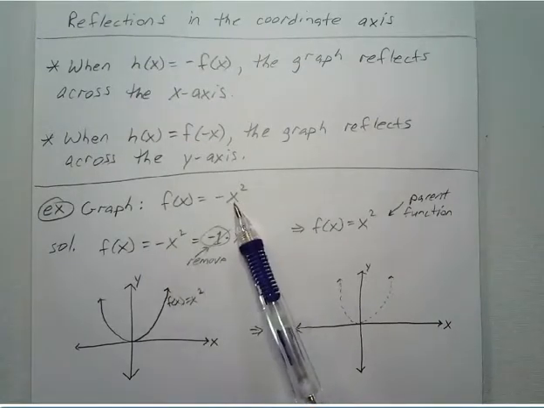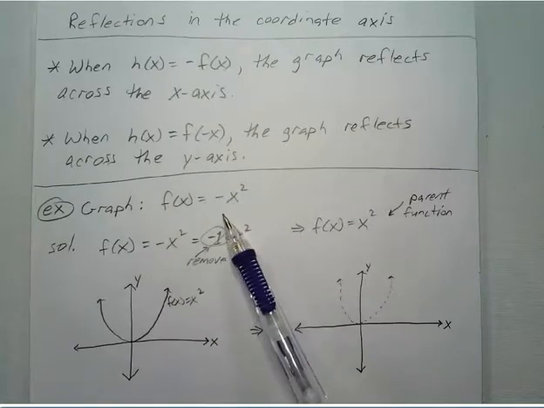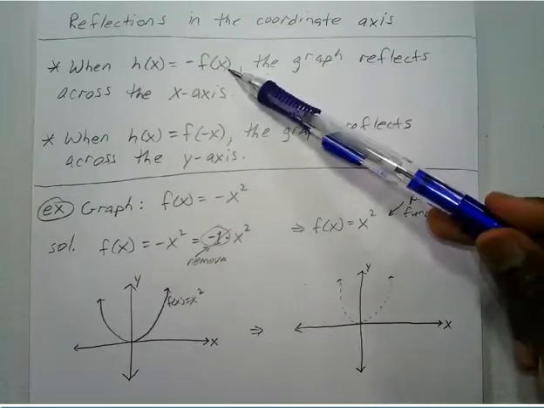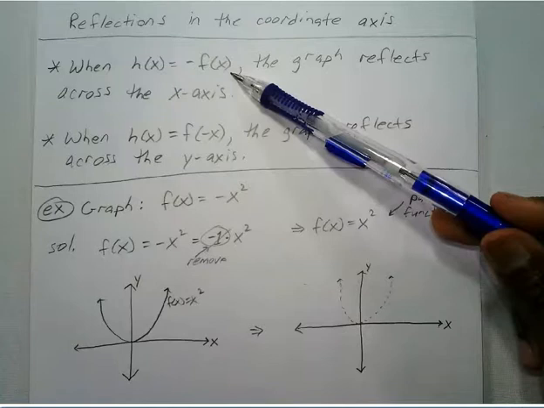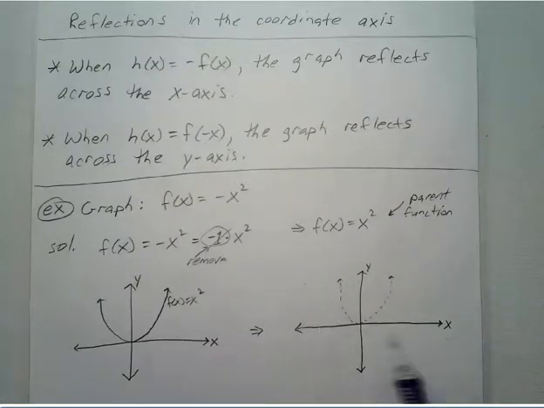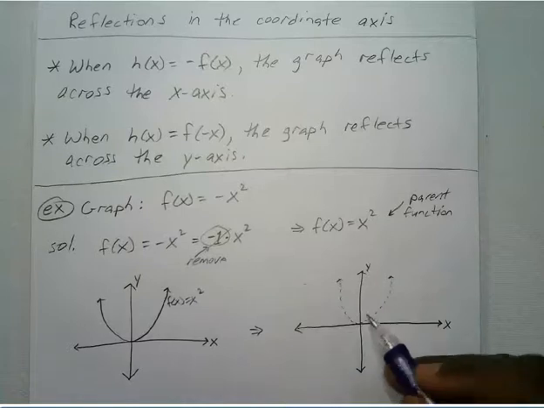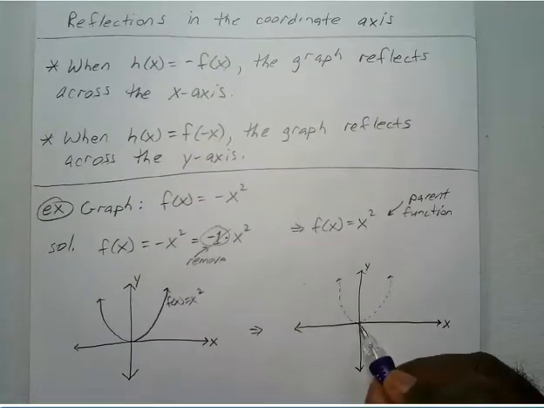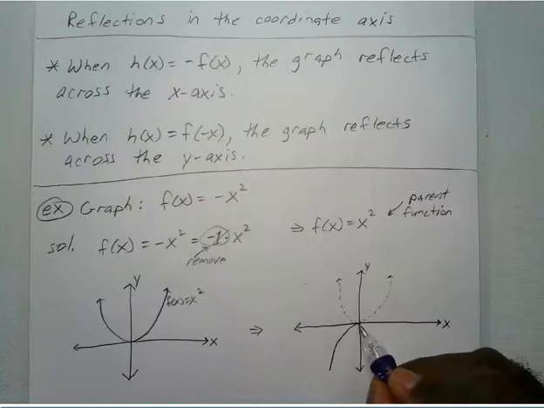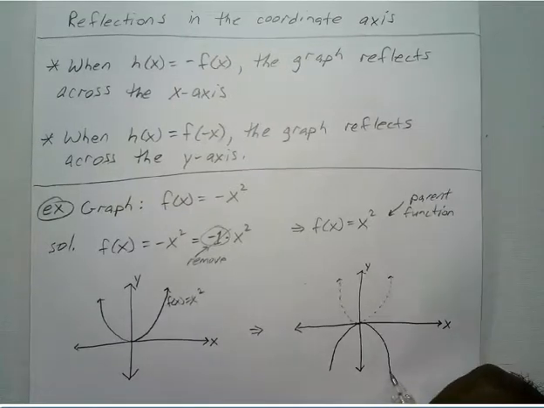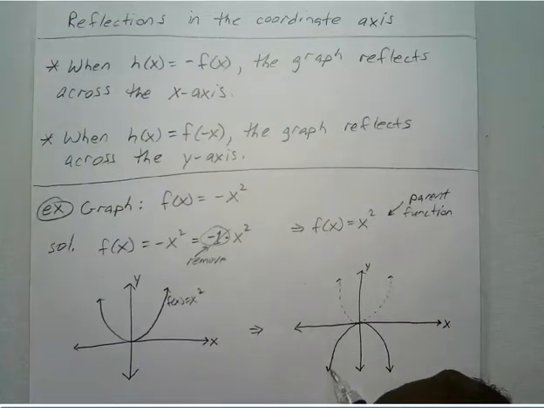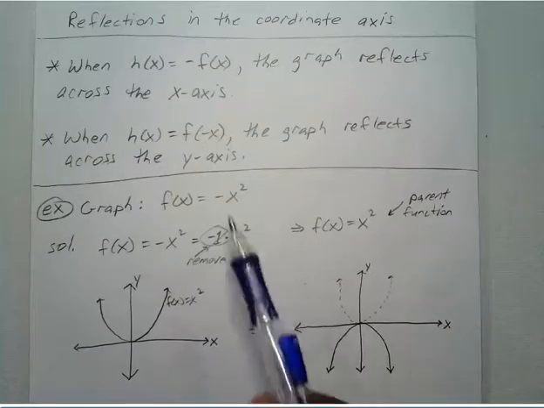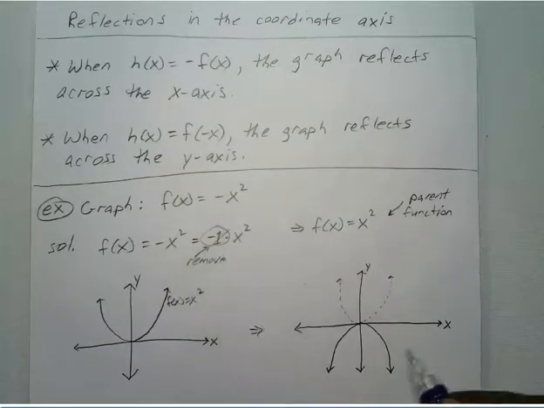We're looking for a negative x squared. So remember, when it's multiplied by a -1, it reflects across the x-axis. This is our x-axis. Negative x squared is just -1 times x squared, so that means we just flip this one across the x-axis. So it looks kind of like that. Literally, if it's multiplied by -1, we flip it across the x-axis.